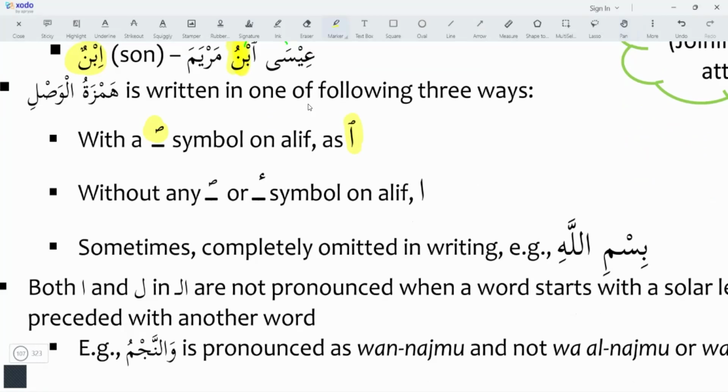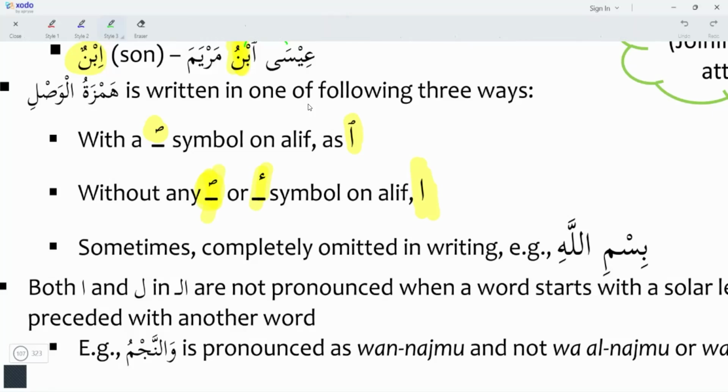And sometimes we write it without the Swad, we simply write this Hamza, so sometimes on the Hamzatul Wasal there is no sign.